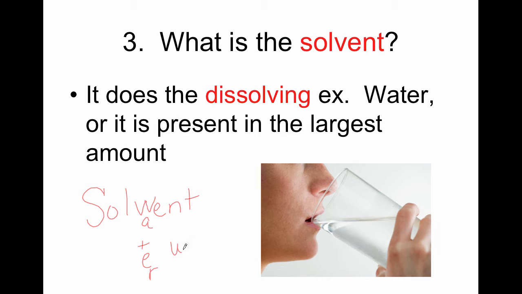And water is known as the universal solvent. We use it to try and dissolve many things because it's polar. It has that electrical attraction to other polar substances. So if something gets dirty, we first try to dissolve it with water. And if that doesn't work, then the substance is probably nonpolar and you need to use soap to break it down better. So the solvent does the dissolving.